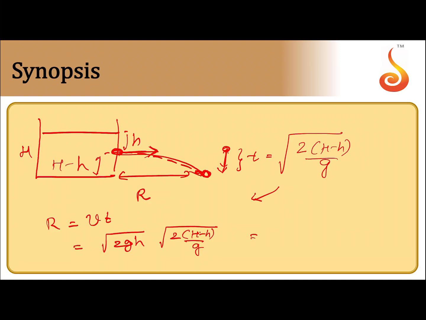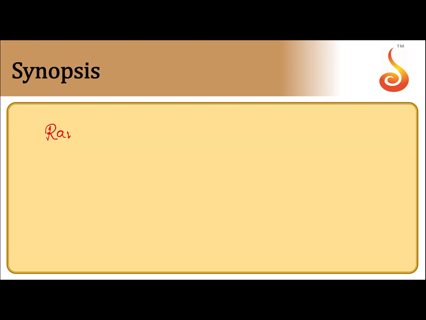You can simplify it further and this becomes 2 root h into (H minus h). And this range clearly is maximum when h is equal to H divided by 2. That means if the hole is punched at the midpoint, then the range of the liquid coming out is maximum.